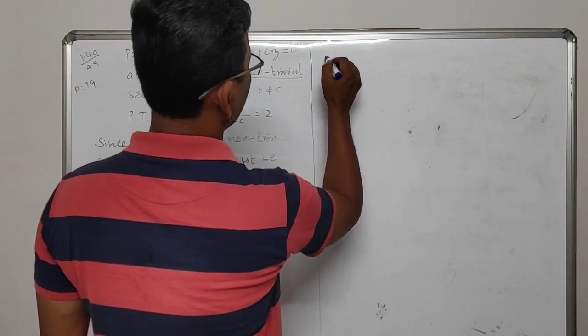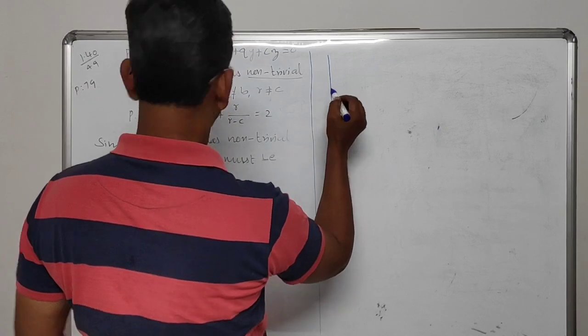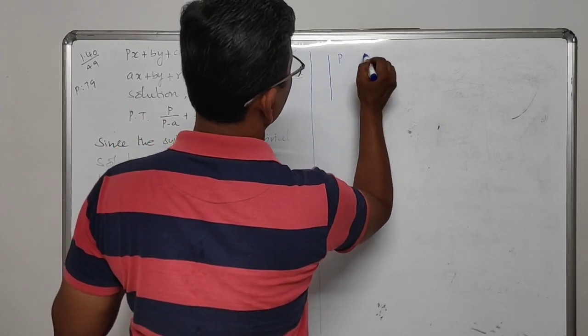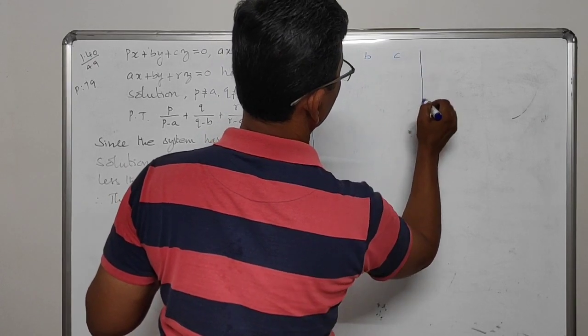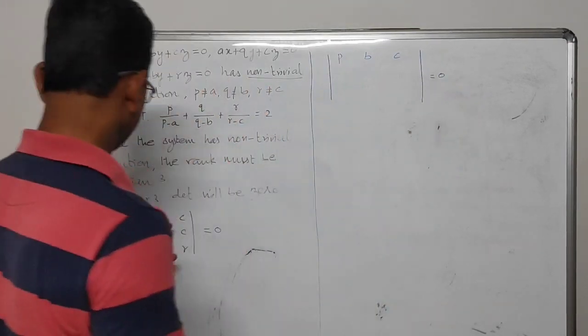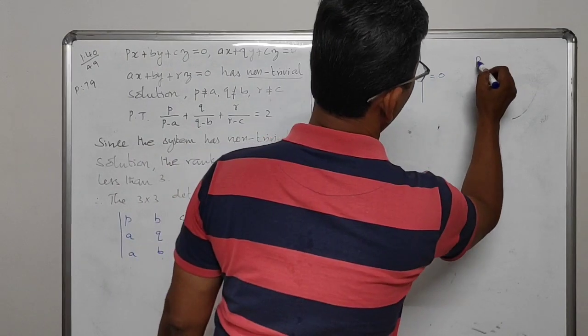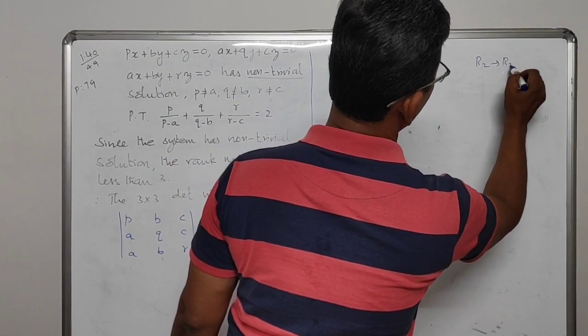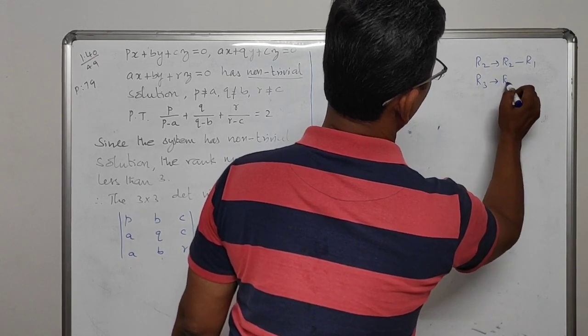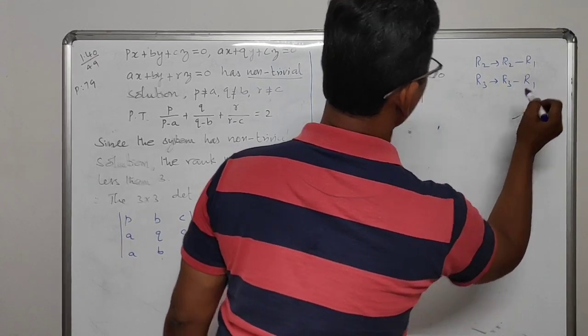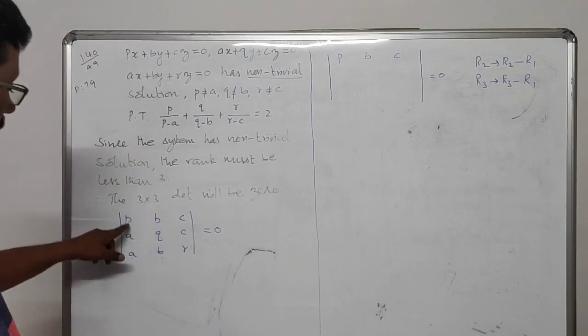See here, first we write the first row as such, that is p, then b, this is c, equal to 0. We are doing the elementary operation, that is R2 gives R2 minus R1. Similarly, R3 gives R3 minus R1. We can directly subtract; we cannot make this as 1.